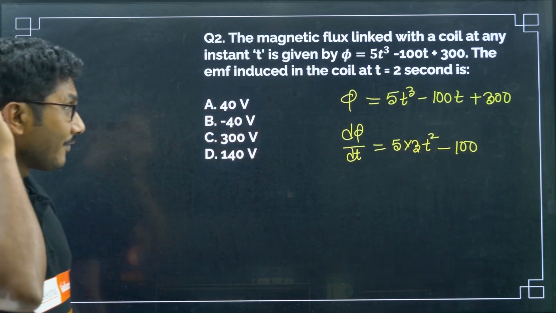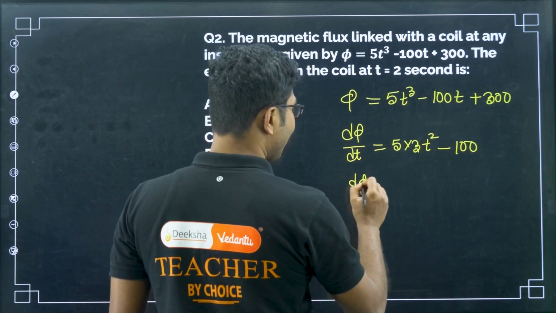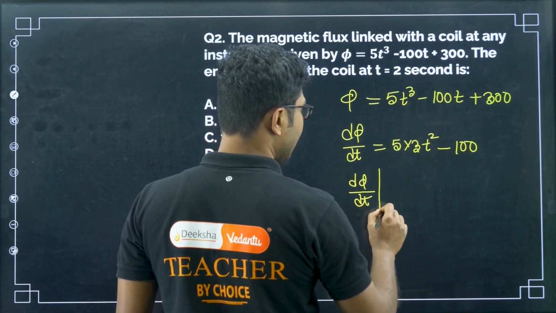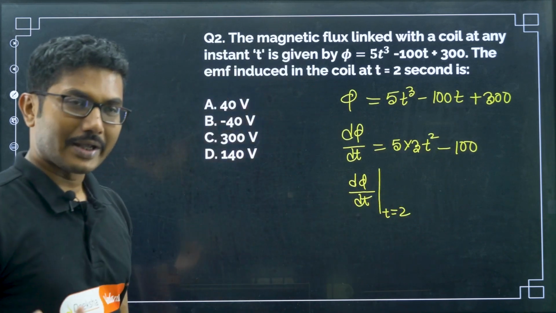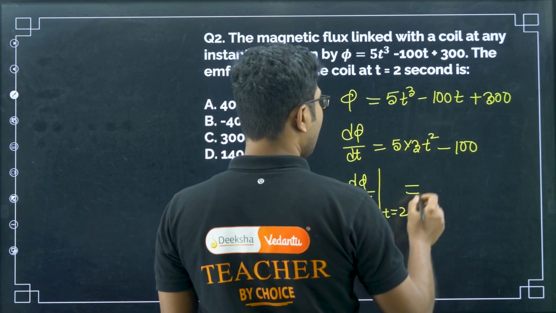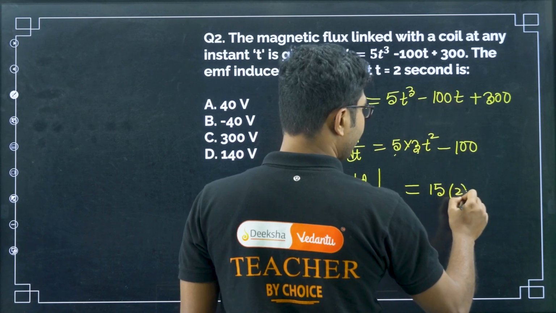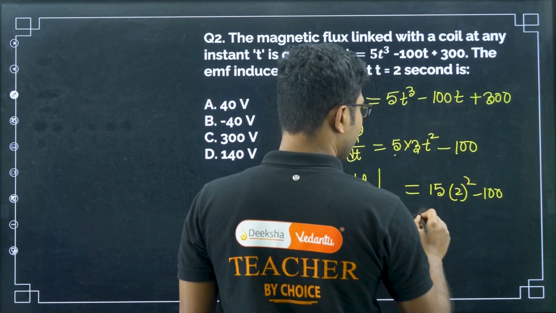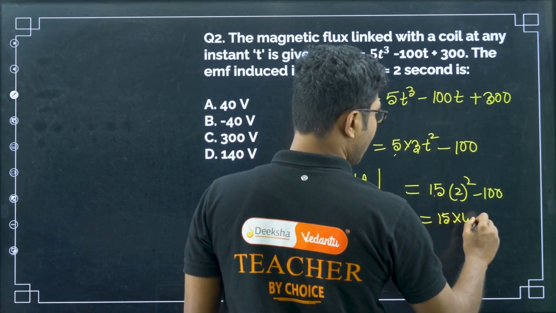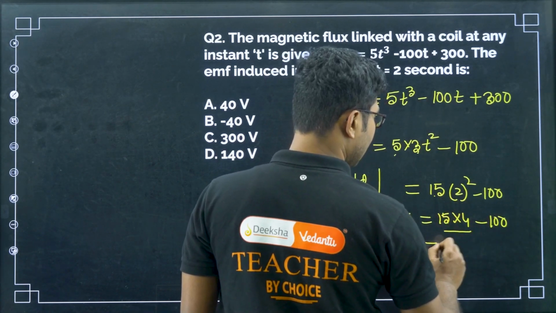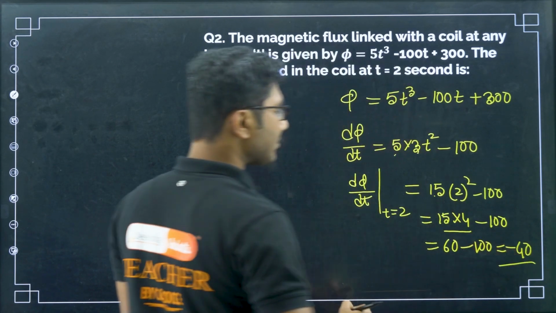This is the differentiation, and the constant becomes 0. Now we have to find d phi by dt at t equals 2. First let us calculate d phi by dt, then we will see the sign. 5 times 3 is 15, times t square, which is 2 square, minus 100. So it will be 15 times 4 minus 100, that is 60 minus 100, which is minus 40. So d phi by dt comes out to be minus 40.